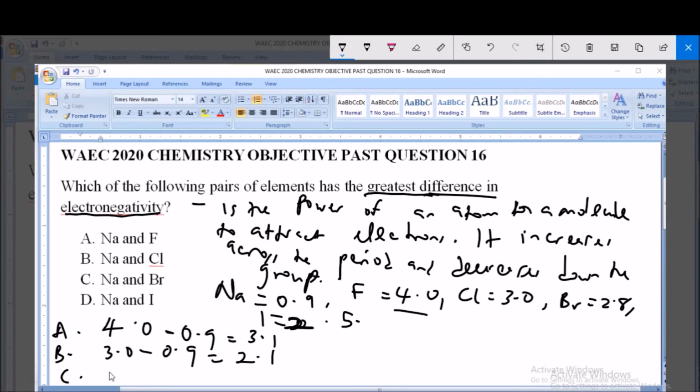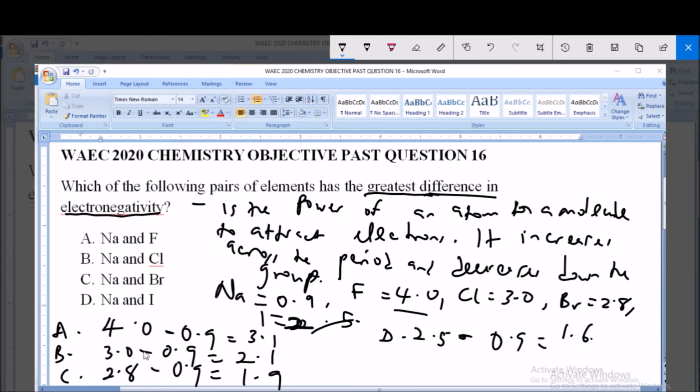Option C, sodium and bromine: bromine 2.8 minus sodium 0.9 equals 1.9. And lastly, option D, sodium and iodine: iodine 2.5 minus sodium 0.9 gives you a value of 1.6.